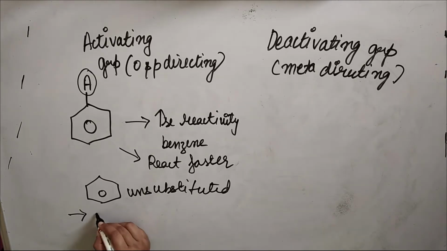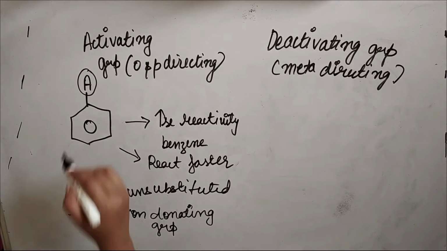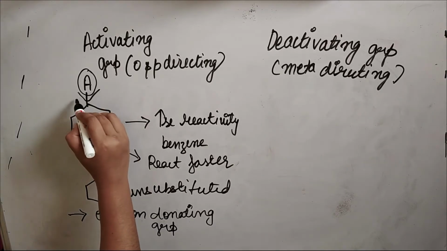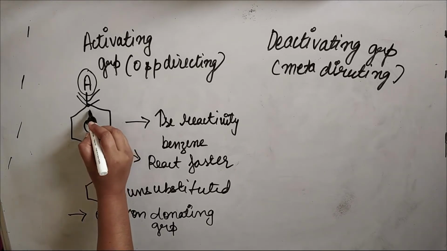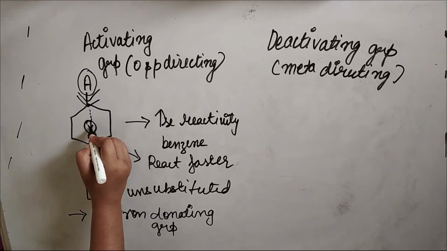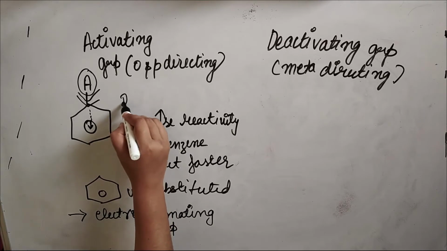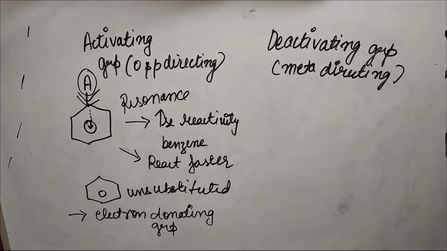The activating groups are generally electron donating groups because they donate electrons to the benzene ring and the electrons move inside the benzene ring. Due to resonance, the benzene ring stabilizes easily. So these activating groups are electron donating groups.